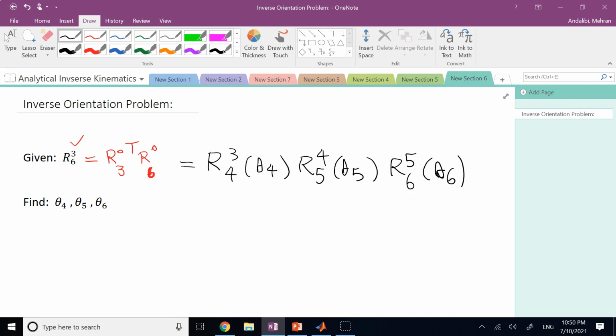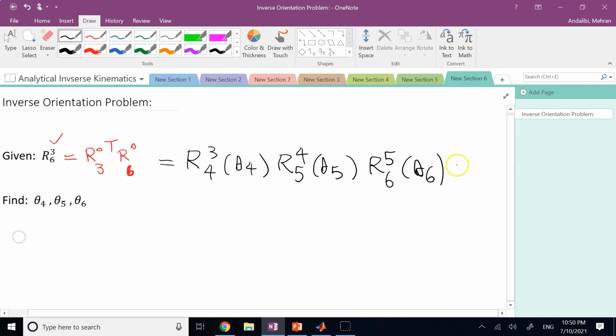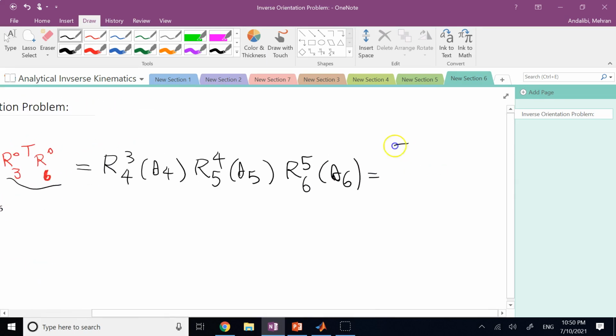Good. So if I give you a rotation matrix and say, hey, I calculated this based on this formula, and it is some general rotation matrix like this with 9 entries, could you give me the 3 angles, 4, 5, and 6? And the answer is, of course I can.